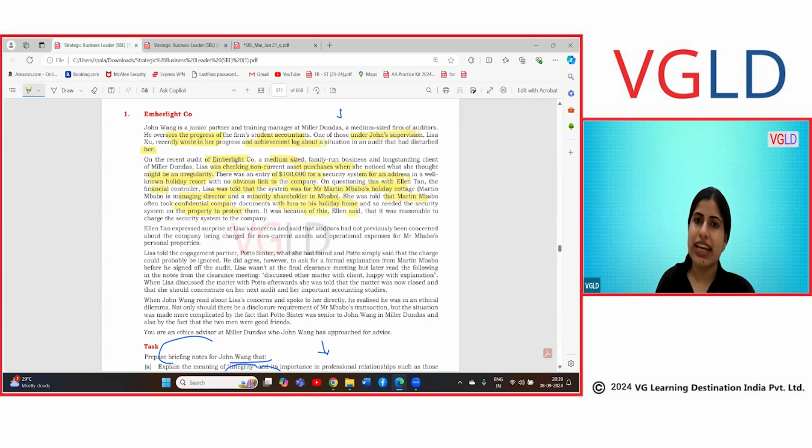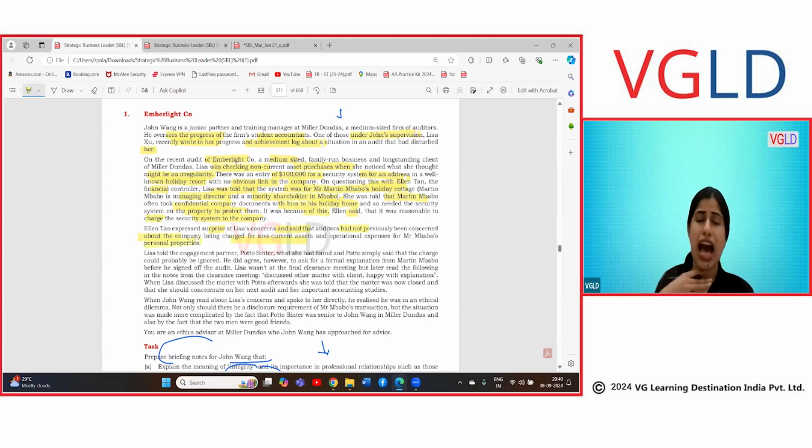Because of this, he said it was reasonable to charge the security system to the company. ET expressed surprise at Lisa's concern and said that the auditor had not previously been concerned about the company being charged for non-current assets and operational expenses for Mr.